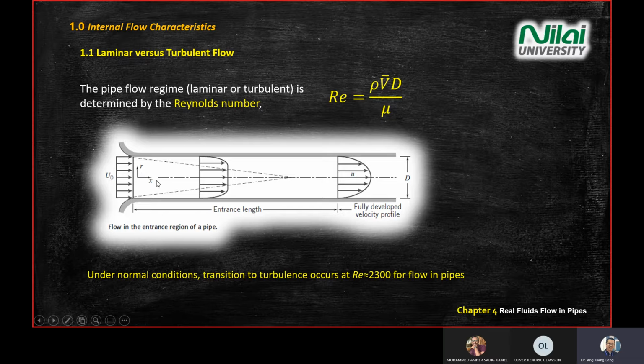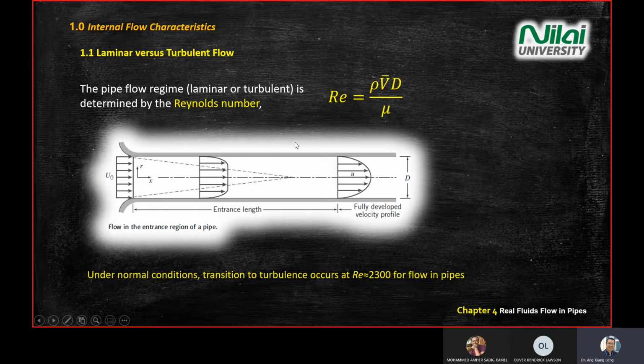So expect to see something in terms of x, in terms of r, in terms of small u, capital D, and sometimes capital U with subscript zero. Subscript zero means the entrance velocity. If you see u, it means the velocity at that particular location. D means the diameter of the pipe.